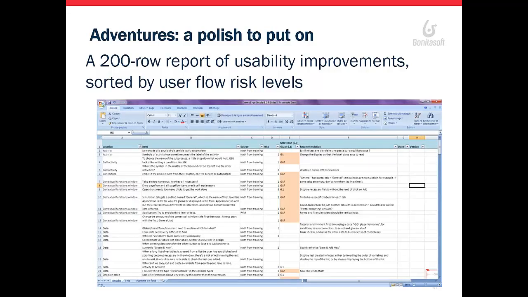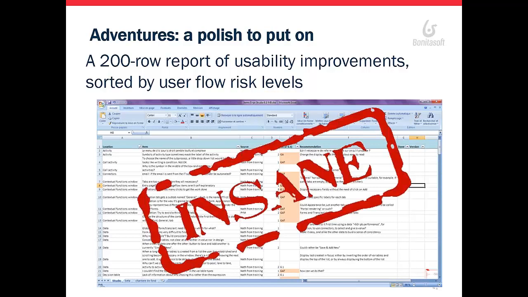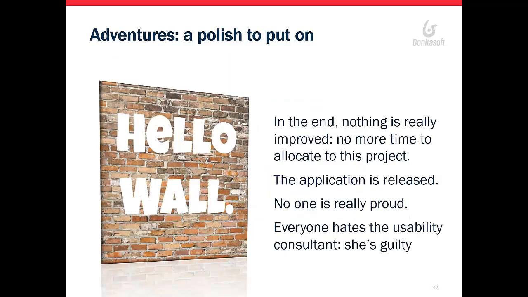They're sorted by user flow risk levels. Risk 0 is like a typo, and risk 4 is that the user did not manage to do what he was intending to do. But then it's insane. How would you like a development team thinking they're all done to handle such a nightmare? So in the end, nothing is really improved.